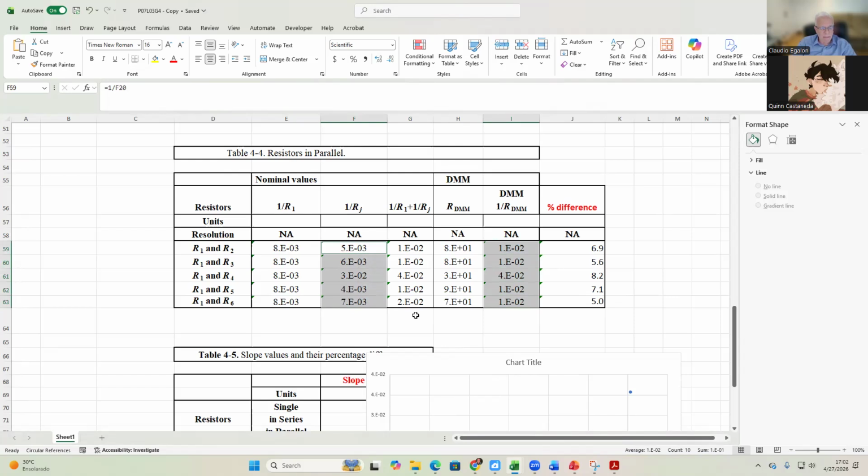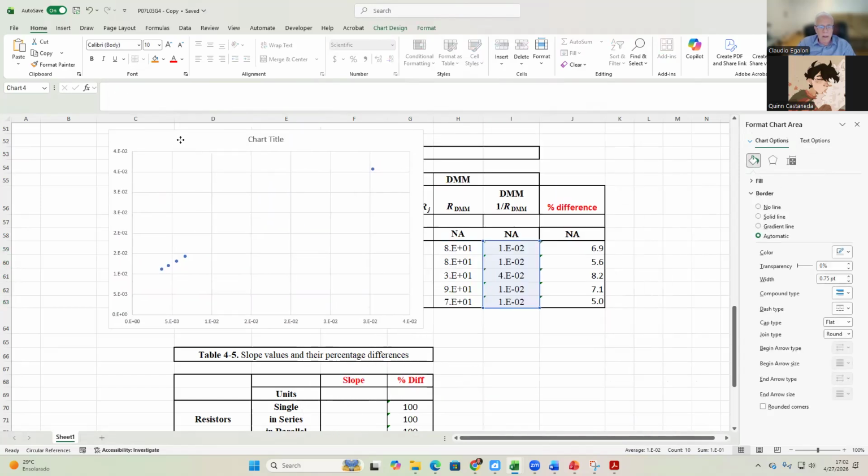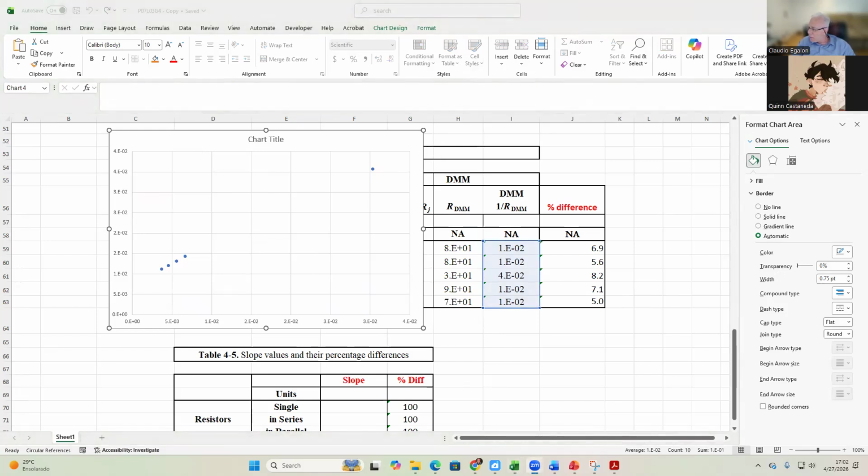Alrighty. Hold on. My chart is looking weird. Do you want to share your screen with me? Yes. One moment. Let's see. Share settings.